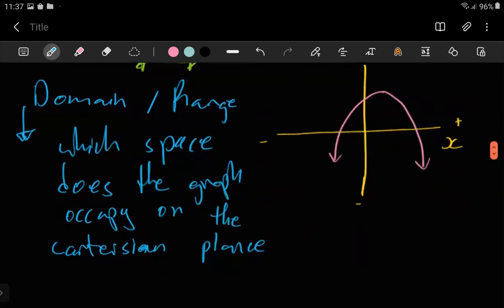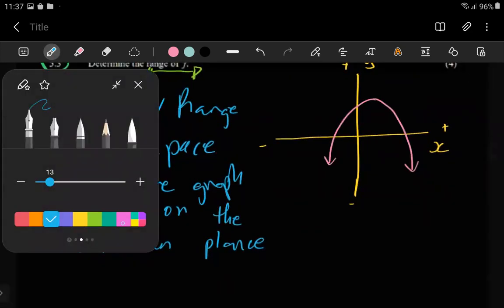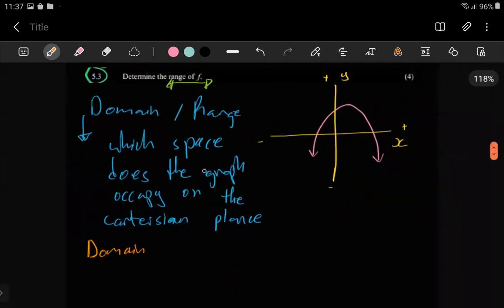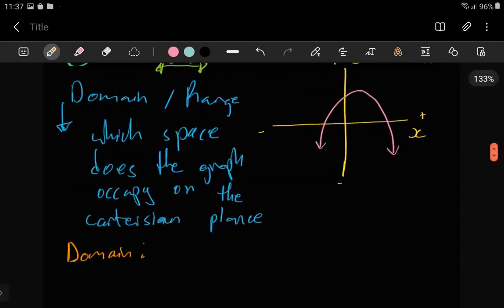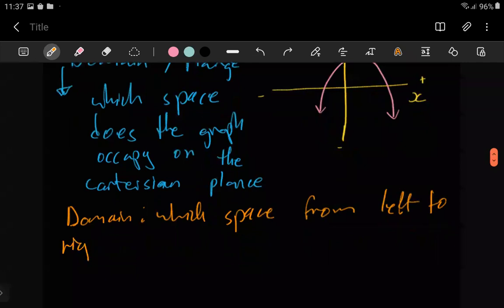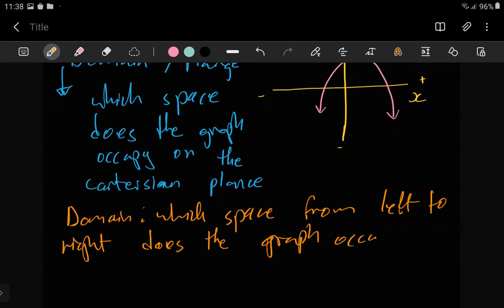So, for example, domain and range, we know that there are differences. Domain is a more refined version of this question. This question is for both domain and range: which space does the graph occupy on the Cartesian plane? But domain specifically asks which space from left to right does the graph occupy on the Cartesian plane?